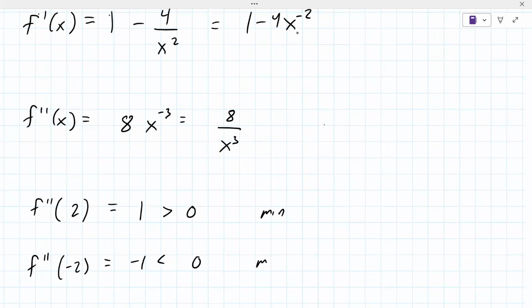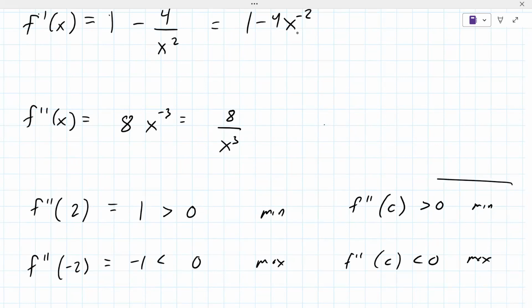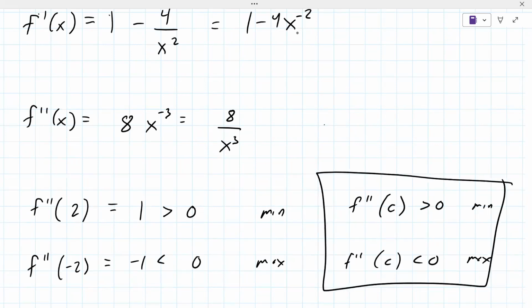Since it's less than 0, that's a max. So if the second derivative is greater than 0, it's a min. If the second derivative at a critical point is less than 0, it's a max. So that is the second derivative test. You also can use the first derivative test.